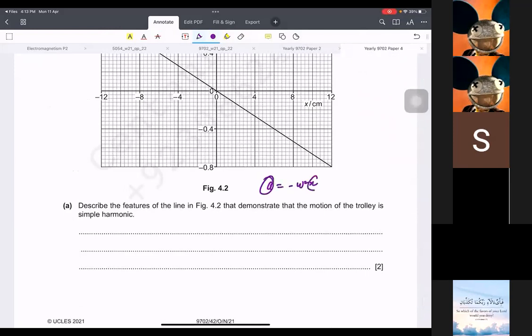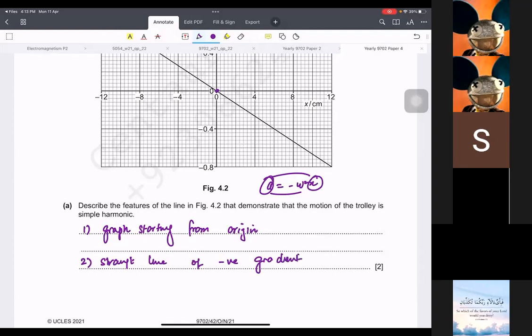So first of all, they are directly proportional, as you can see. So it should start from origin. And the other thing you notice is that it is a straight line, and it should be of negative gradient. Please write negative, like negative, not like.